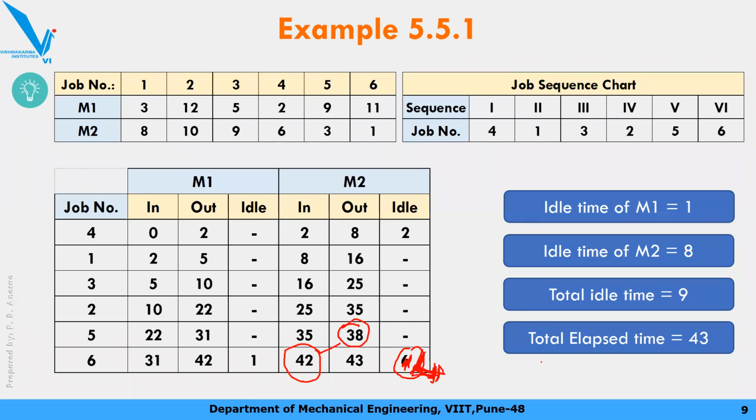So the idle time is 4. In here also it should be 4 plus 2, that becomes 6. So 6 plus 1, total idle time 7. Okay, so please make this correction.